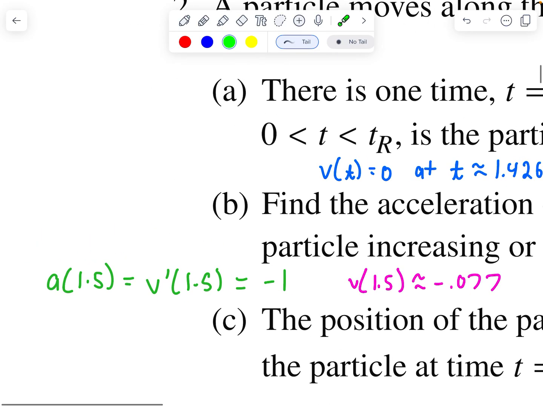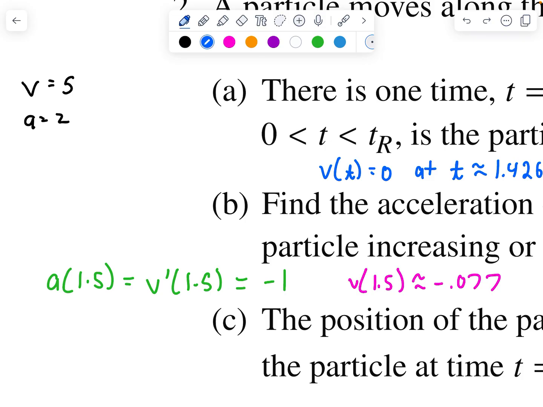Quick explanation for that: if your velocity, let's say, is 5, and your acceleration is 2, let's say in meters per second and meters per second squared, that means every second the velocity increases by 2. So it goes from 5 to 7 to 9, so your speed increases from 5 to 7 to 9.